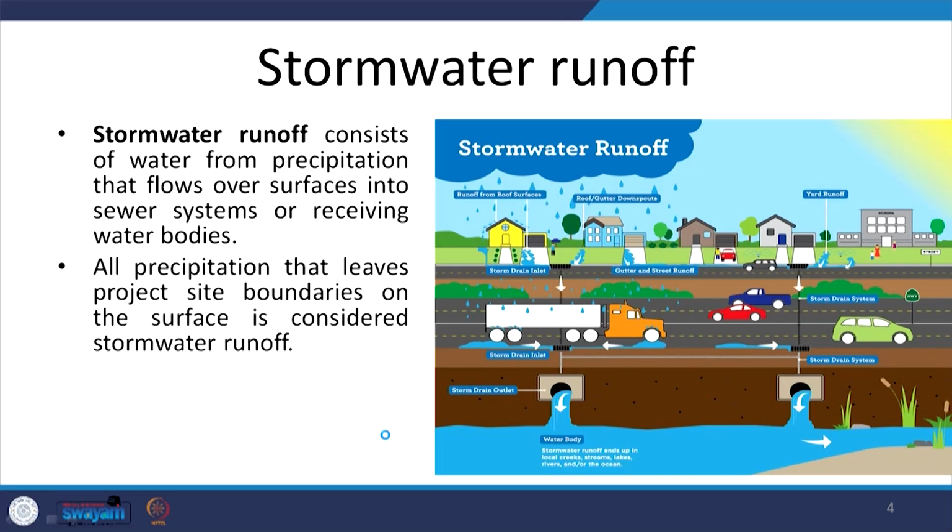Now, when we are talking about storm water runoff, we are talking about essentially the water which is there because of precipitation, rains, and that flows into the drains. These drains should be separate for sewer systems and for storm water, but unfortunately in cities both these drains are often combined.